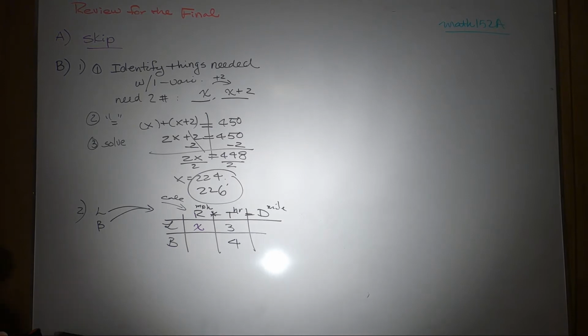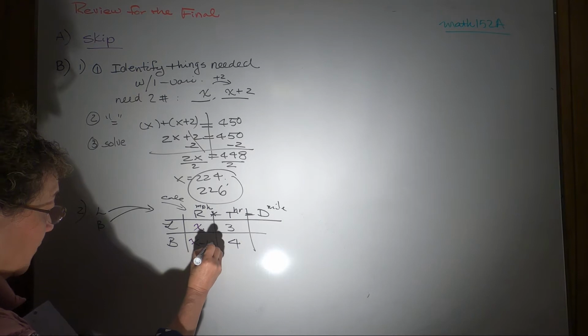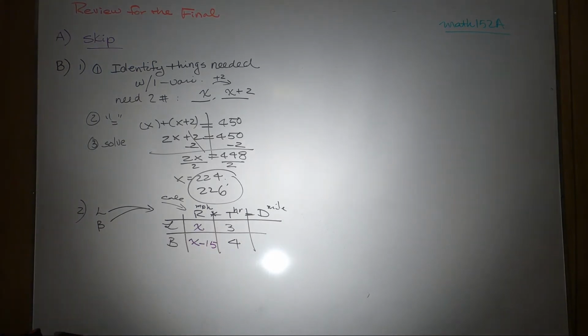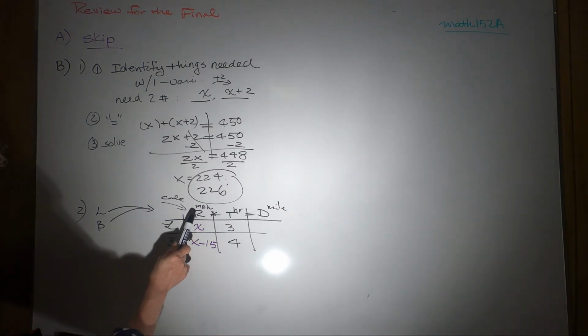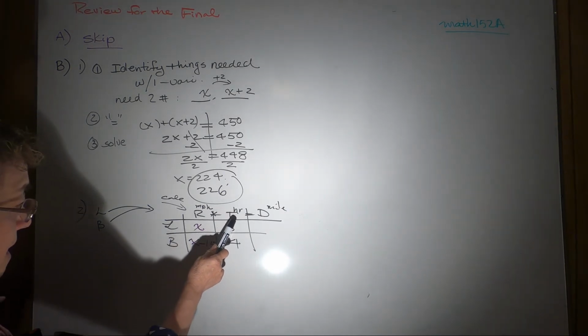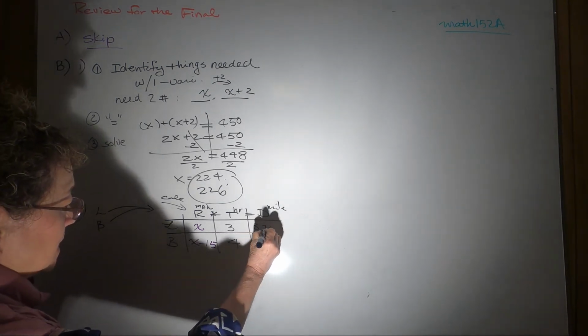So Lowenda is x. Betty would be what? x minus 15, right? Then we don't know the distance either, but from the calculation, speed times time is your miles, right? So that would be 3x.